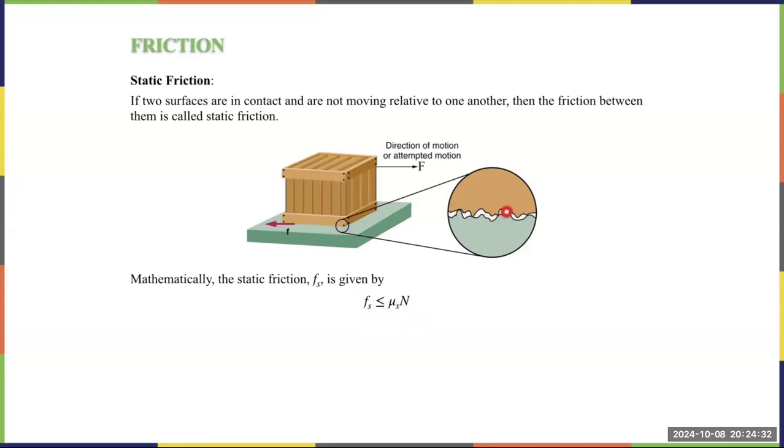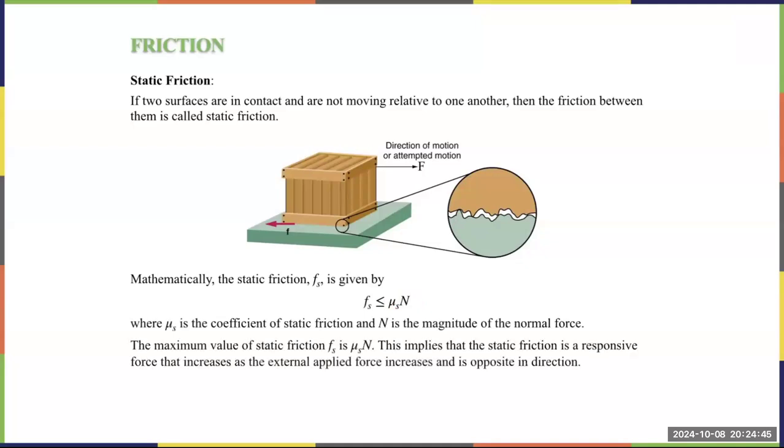So this is a rough edge. Because of this rough edge, it creates a friction times the normal force. That is the maximum value of the static friction I can get. What do you mean by maximum force? If I'm not applying any force onto this crate, there is no opposing force coming into play.